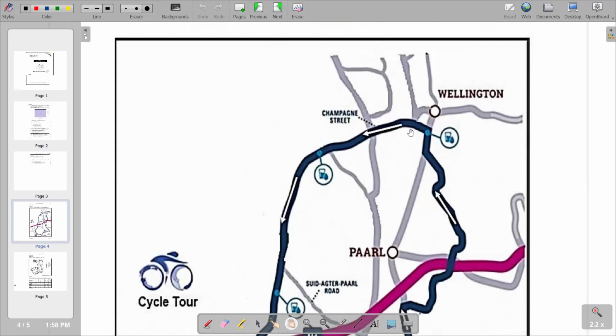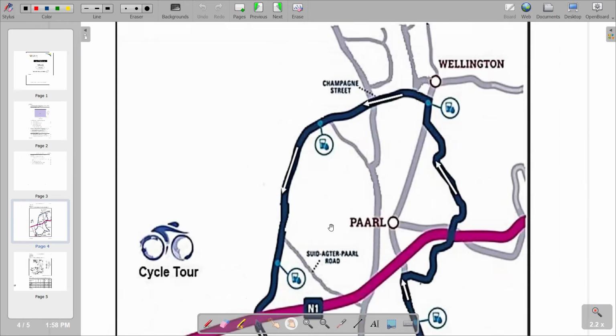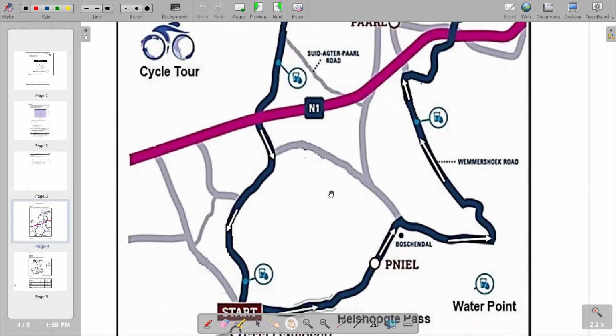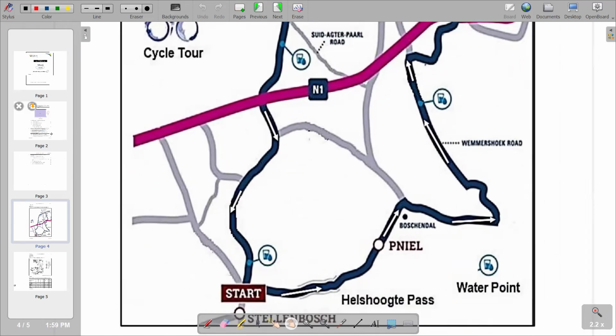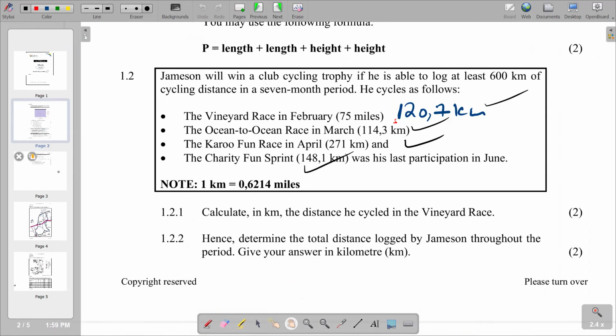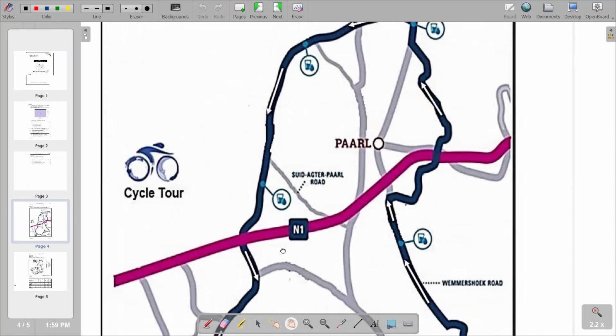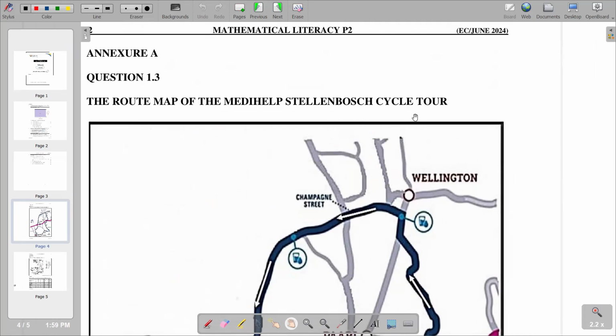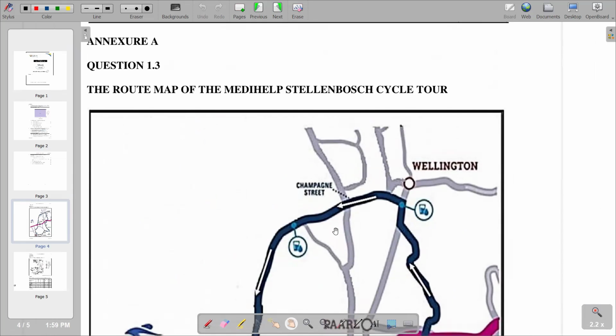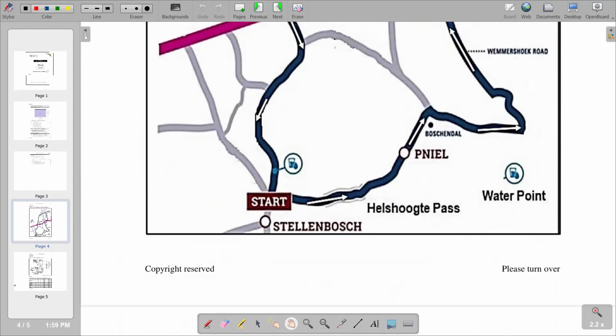So we check any town that we are seeing which is directly in the route, and we check in terms of the description that we have, which is of the mid-help celebration cycle tour. So according to what we have, we see that the town that we have is here, which is Pinel.